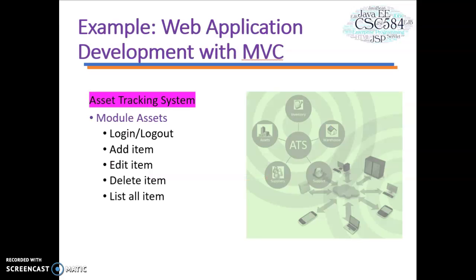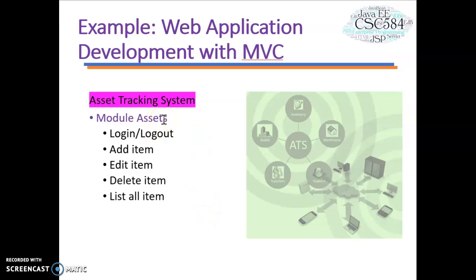Alright, now let's look at an example on how to develop a web application with MVC. In this example, you are given a project named Asset Tracking System. So in this system, there are 5 modules to be developed. First is Asset, Inventory, Warehouse, Support, and Suppliers. Okay, now let's focus only on Asset.